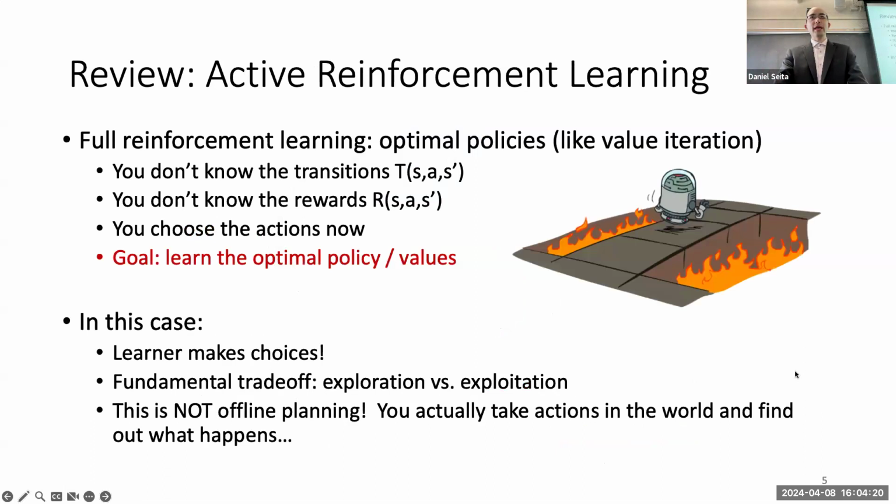So last lecture, we also talked about active reinforcement learning. Here the objective was to learn the optimal policy and values. So basically, if you learn the optimal values, then you basically have your policy.